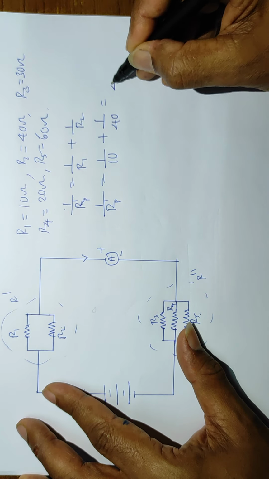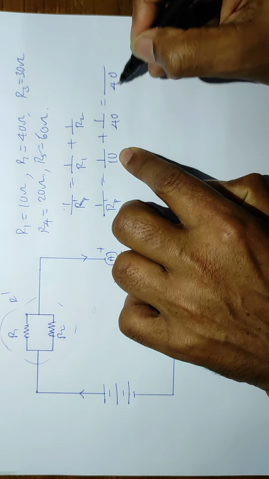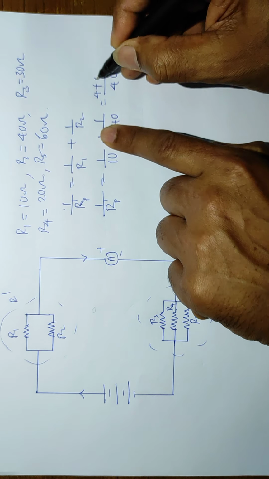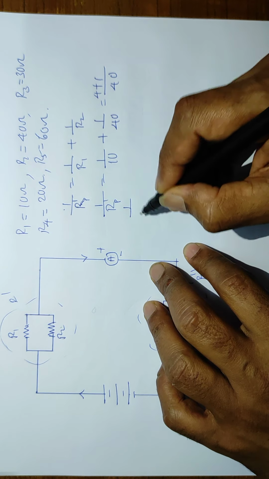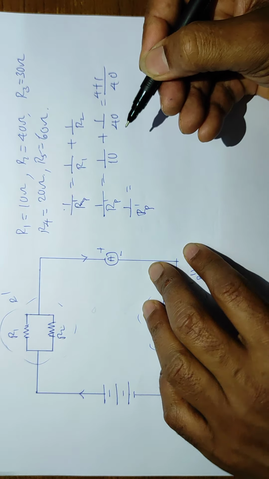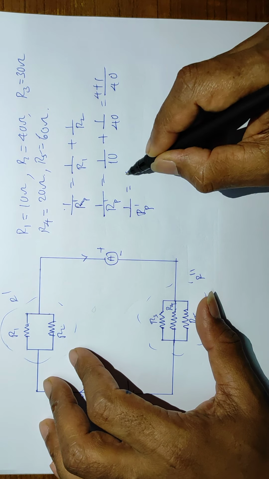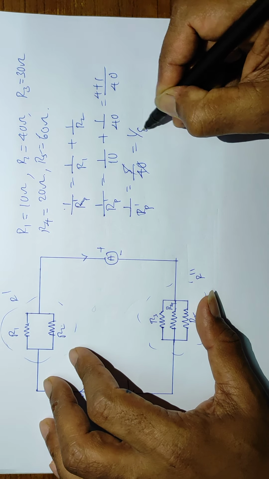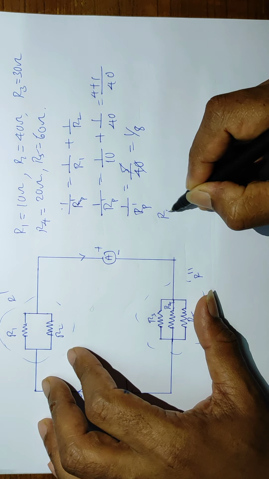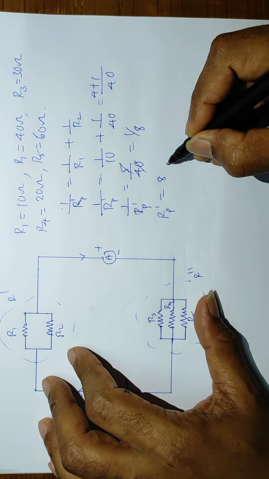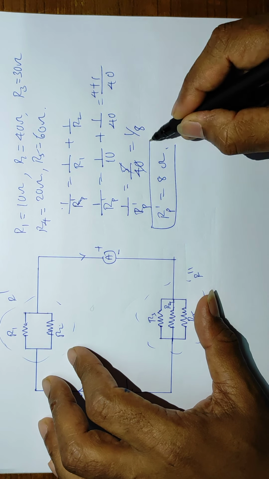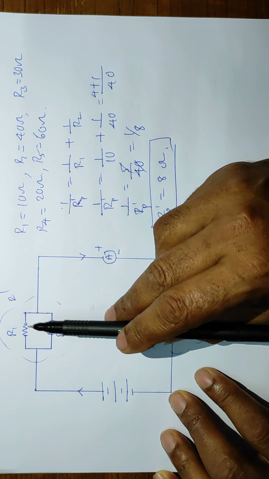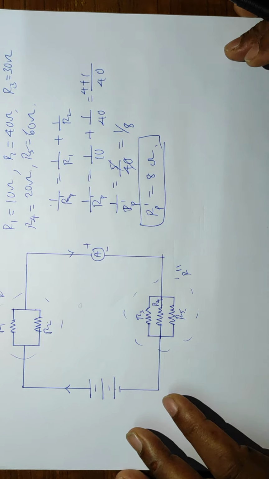So the LCM is 40, 10 4s are 40, 4 into 1 is 4, plus 40 1s are 40, 1 into 1 is 1. So 1 by Rp dash is equal to 5 by 40, that is 1 by 8. So Rp dash is equal to 8 ohm. The total resistance of this combination is 8 ohm.